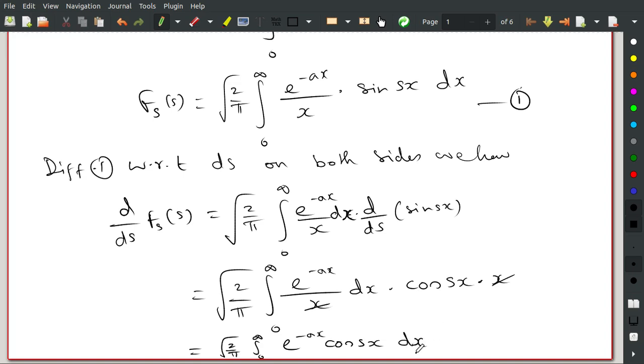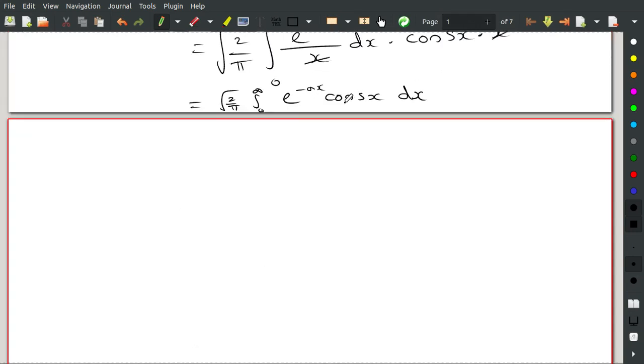This is our standard integral. We already worked out this one, and the value of this integral is nothing but root 2 by pi of a divided by s square plus a square, right?